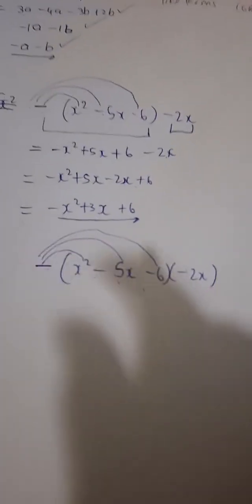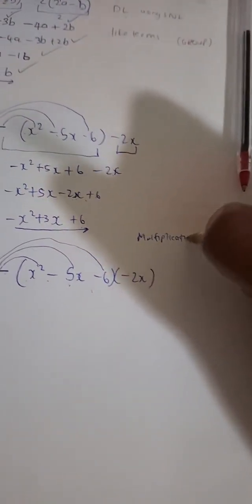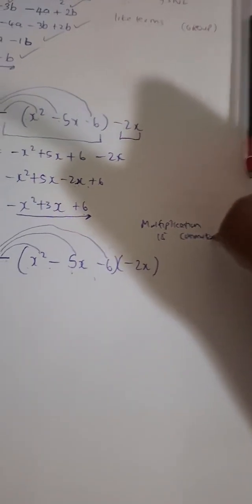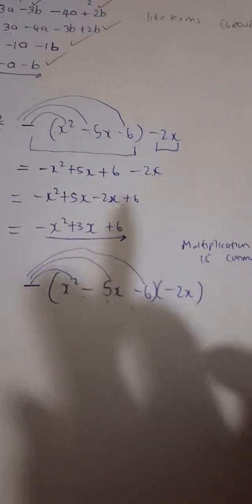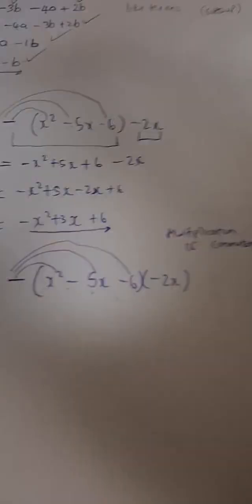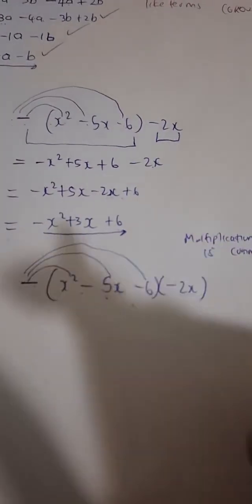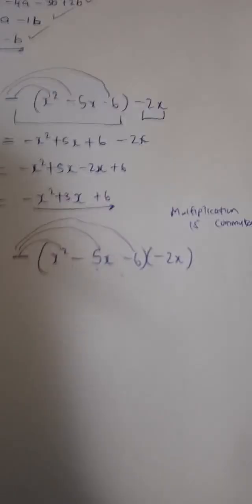Why is this possible? Because with multiplication, we know that multiplication is commutative. Multiplication, guys, is commutative. What do we mean by multiplication being commutative? It means the order in which you choose to go about multiplying what you have doesn't really matter.